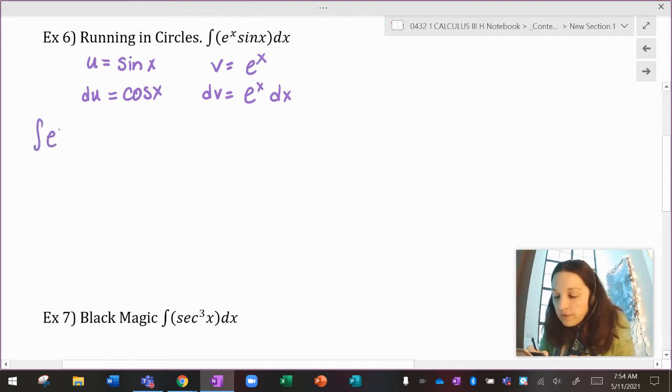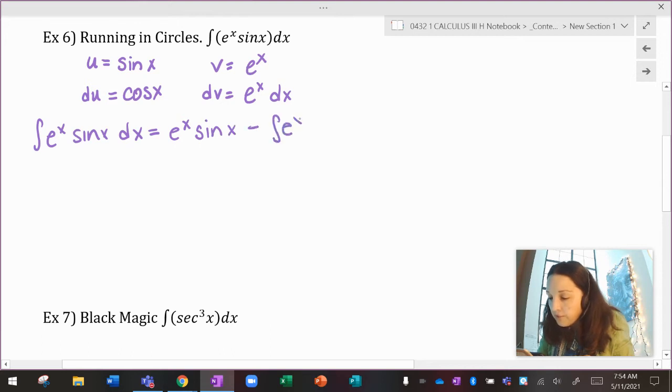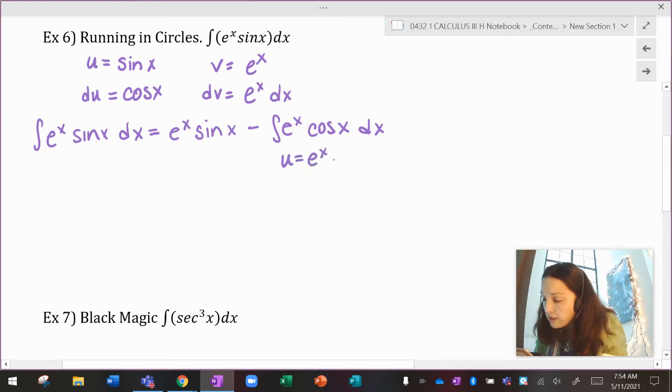So the integral of e to the x sine x dx equals u times v, minus the integral of v du. Okay, so now I have e to the x cosine x. That feels like I need another integration by parts, and I do. So u is going to be e to the x. No, u is going to be cosine x, LIATE, cosine x.